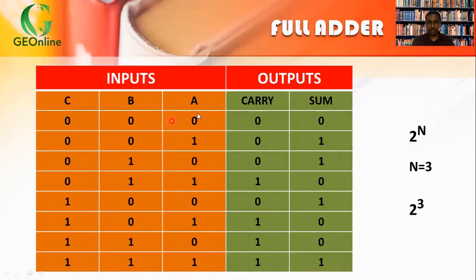So if we add 0 0 0, carry is 0, sum is 0. 0 plus 0 plus 1, sum is 1, carry is 0. 0 plus 1 plus 0, sum is 1, carry is 0. 0 plus 1 plus 1 is 1 0, sum is 0 and carry is 1.